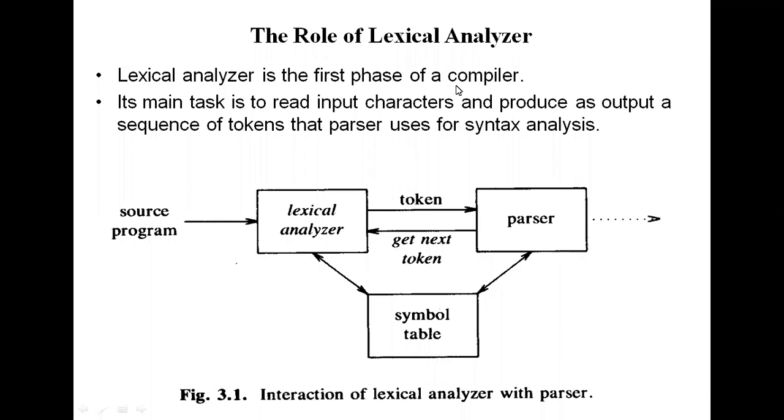It stores the information about identifiers or constants, whatever is encountered in the input. The symbol table is a data structure, and all the information about the functions performed in the lexical analyzer is stored in it.